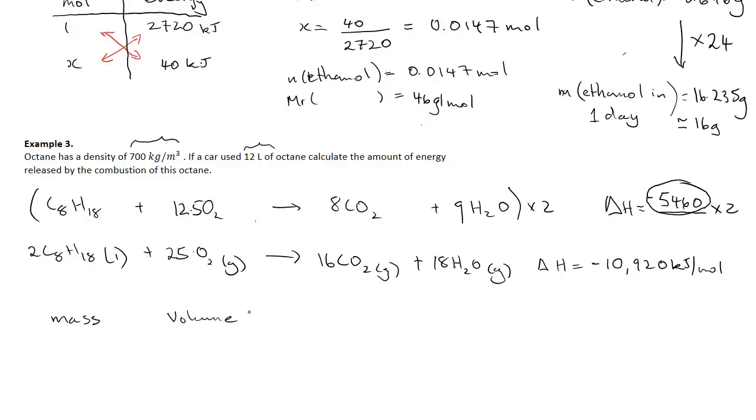The volume is in units of, in this case, meters cubed. What I'm going to change it into, I'll just write it here. So 1 meter cubed is equal to 1,000 liters. Okay, so what I will do is I'll say that 700, and this is in kilograms.